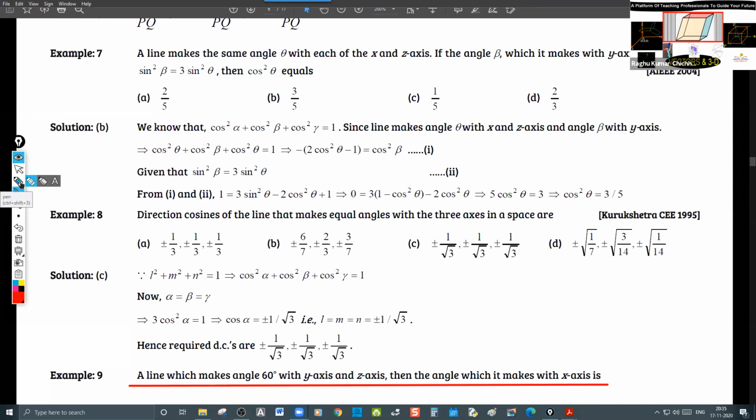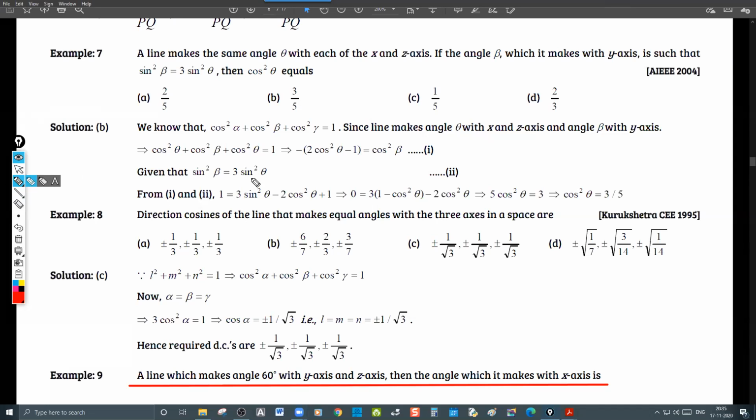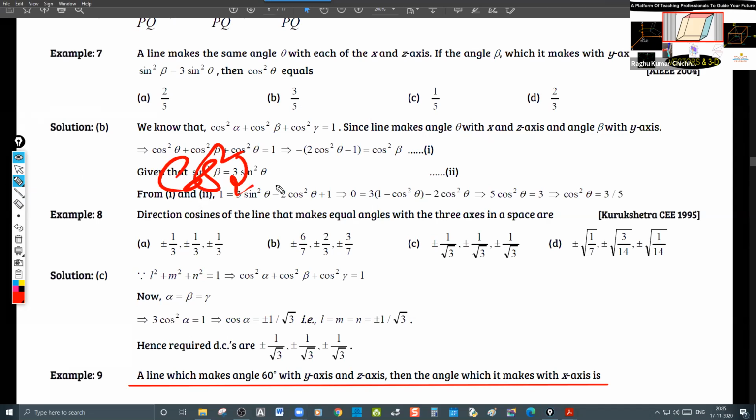You will have cos square alpha as it is plus cos square beta plus cos square gamma, 1 by 4 plus 1 by 4, is equal to 1.